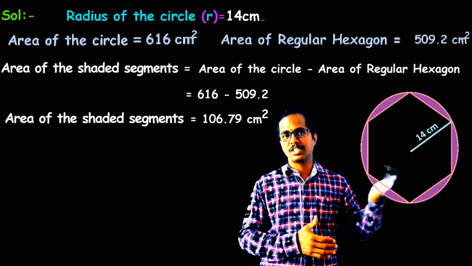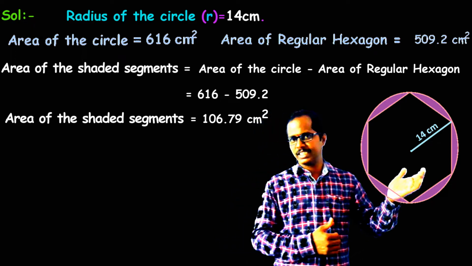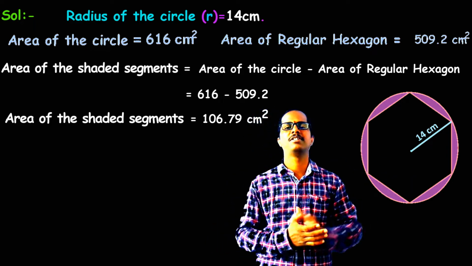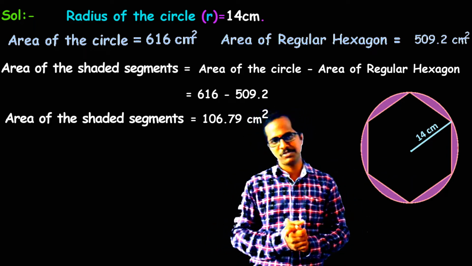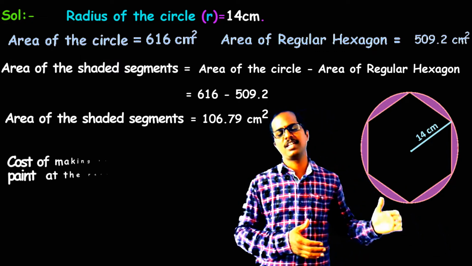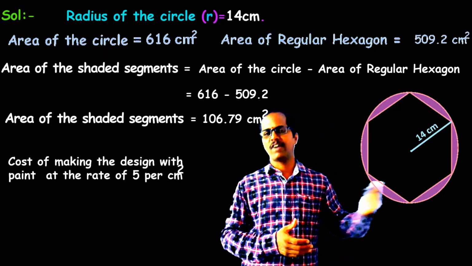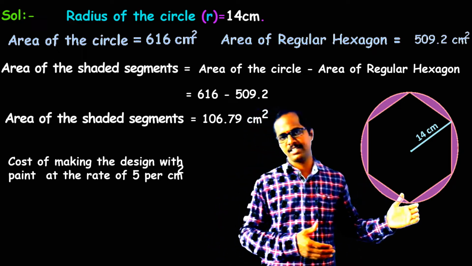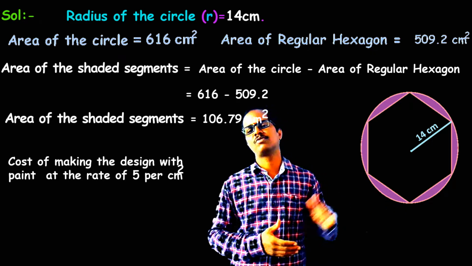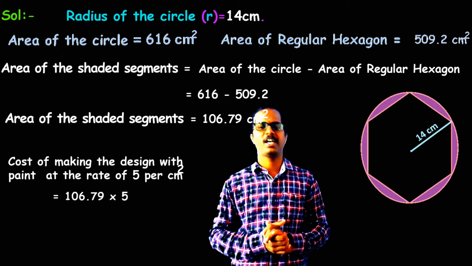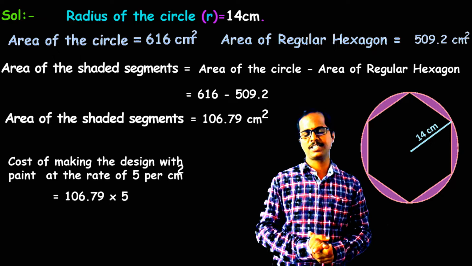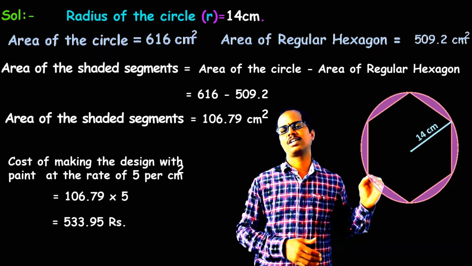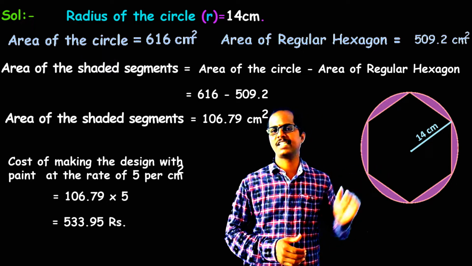So what is the total cost to make the design with paint which has the area 106.79 centimeters square? For that what we have to do? We need to multiply the total area with 5, so that we get the cost of making the design with paint as 106.79 into 5. By multiplying them we get 533.95 rupees. So therefore the cost of making 6 equal designs with paint is 533.95 rupees.